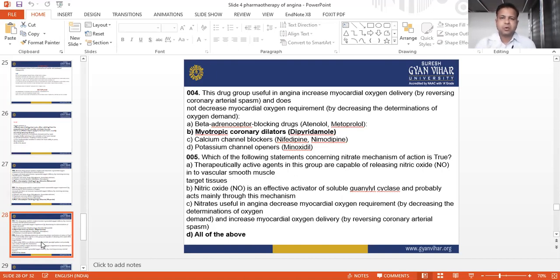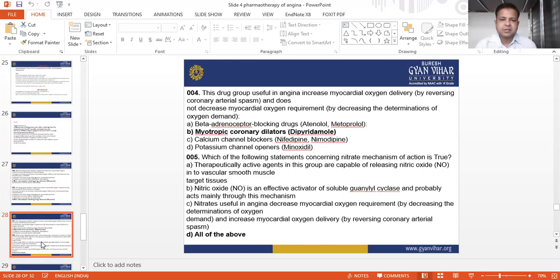Which of the following statements concerning nitrate mechanism of action is true? Option A, theoretically, active agents in this group are capable of releasing nitric oxide into vascular smooth muscle target tissues. B, nitric oxide is an effective activator of soluble guanylyl cyclase and probably acts mainly through this mechanism.